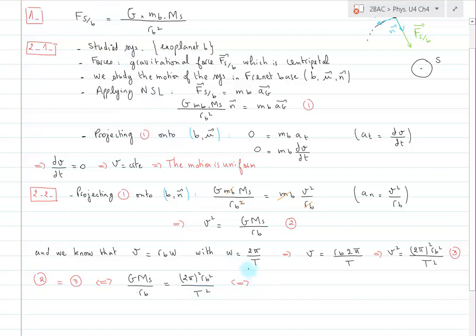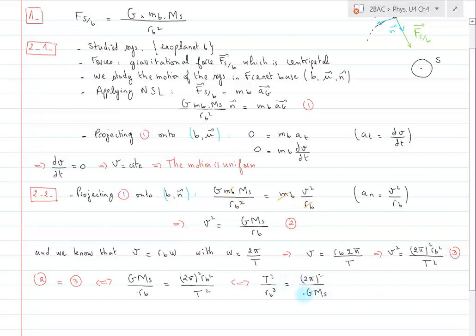Rearranging this equation gives us T squared over r_B to the power 3 is equal to 4 pi squared over G m_S.